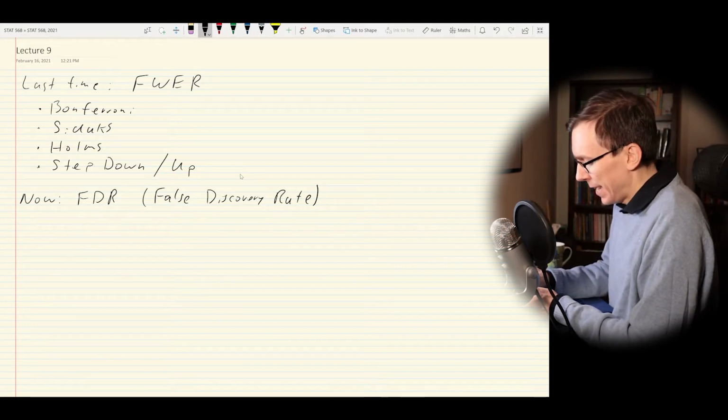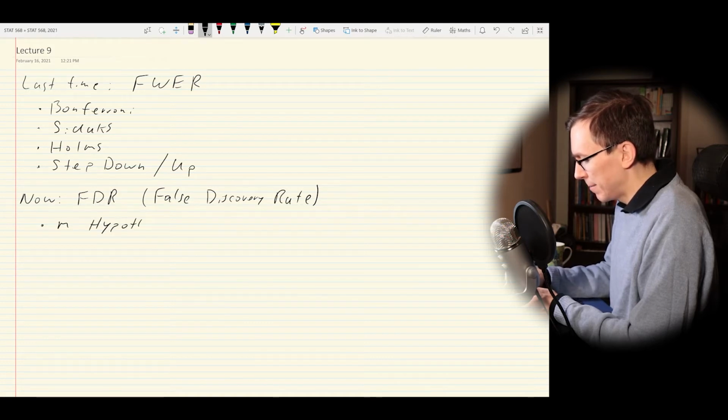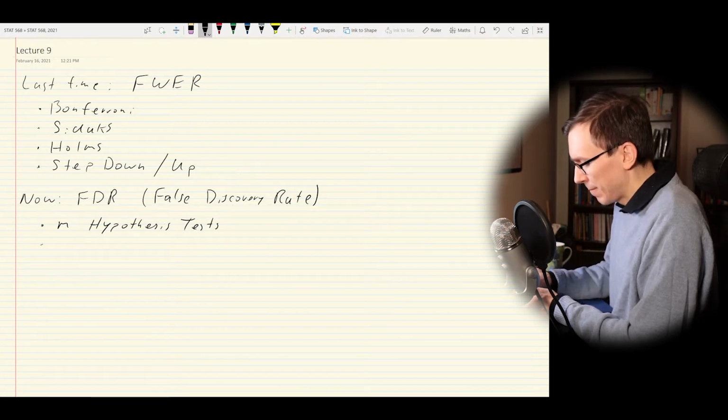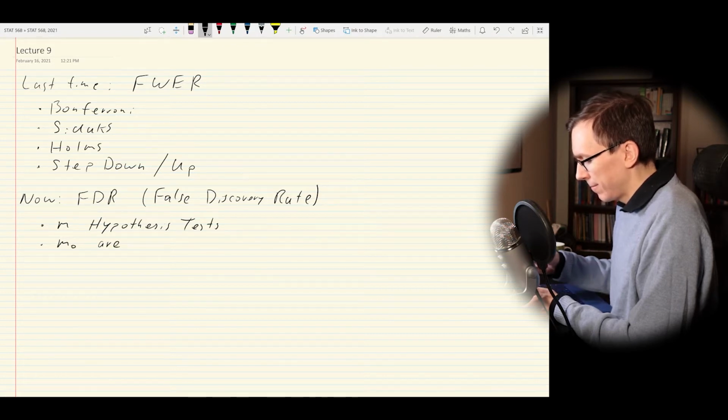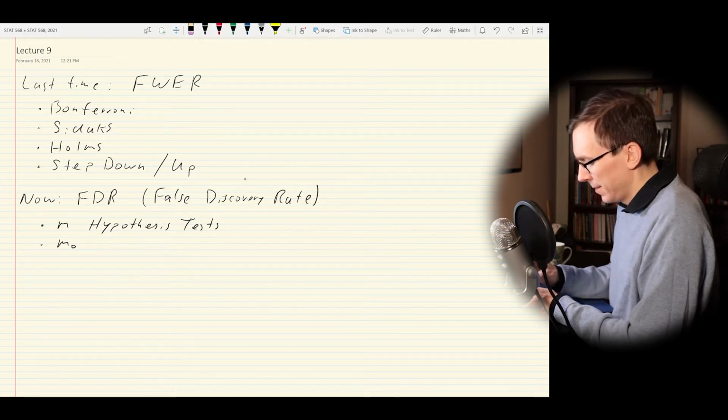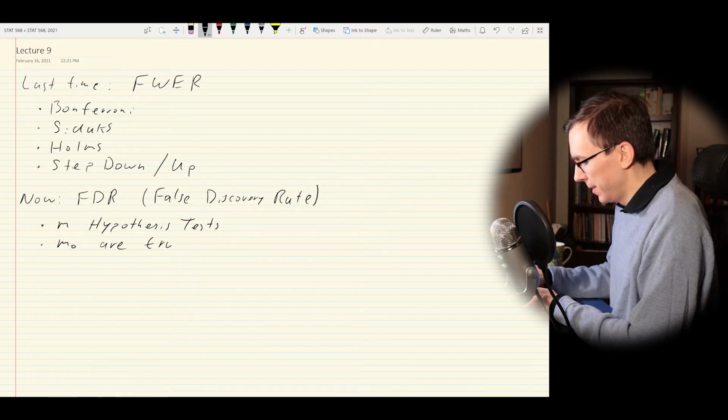So let's say we have M hypothesis tests, as we did last time. And with all those hypothesis tests, we have that M naught are true nulls, where the null is true. Again, it's just easier in English to write it that way.